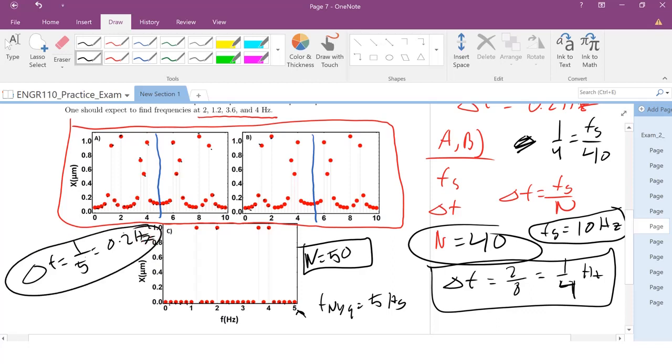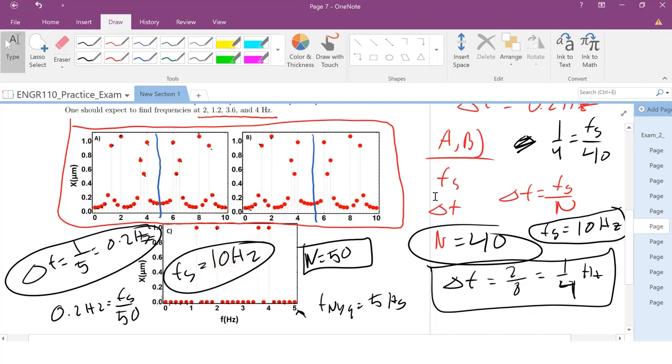And finally, if I want to figure out my Fs, I know that 0.2 hertz equals Fs divided by the total number of points, N, 50. So what is my Fs? That is just going to be 50 times 0.2. We don't necessarily need Mathematica, but it's always good to double check. Your Fs is going to be 10 hertz.